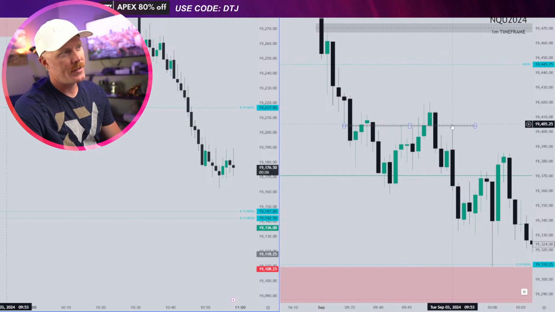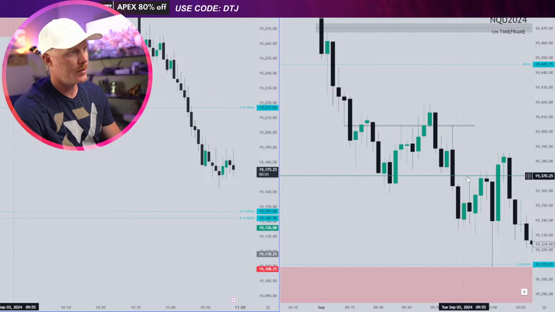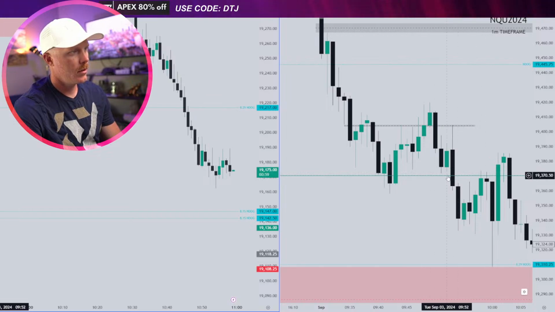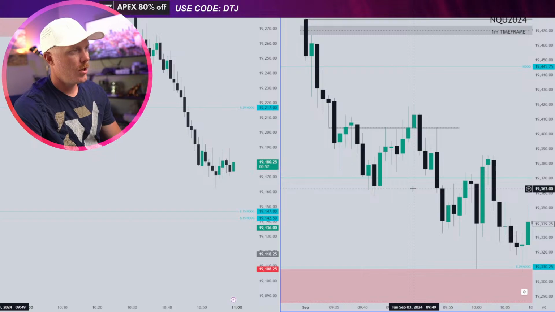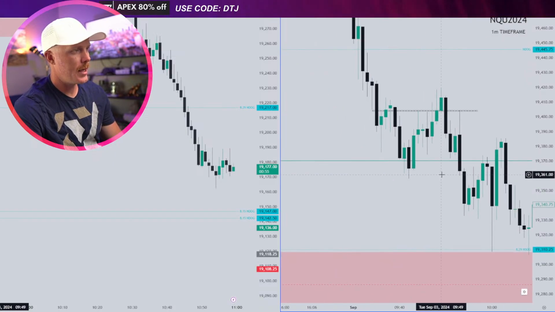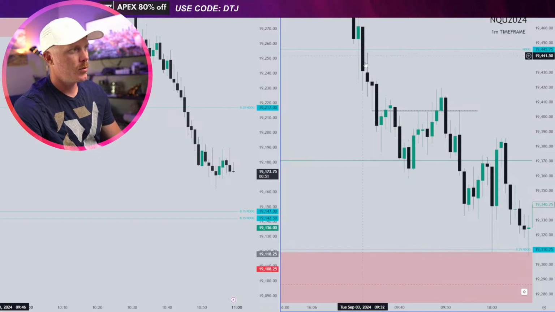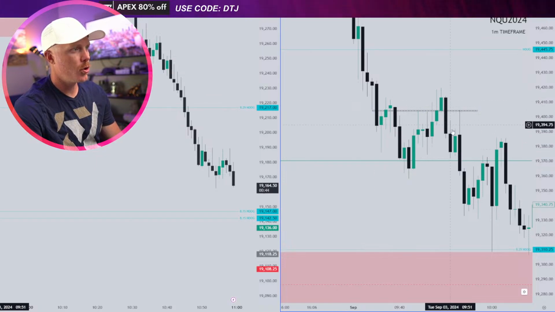I don't know if I would have taken this. If I'm really honest, I don't know if I would have taken it because of this previous day low. The mistake I see traders make, and you can go back and look at this in past price action, is when price hits a low like this, people will still try to go short and it's short-lived and it doesn't actually play out.